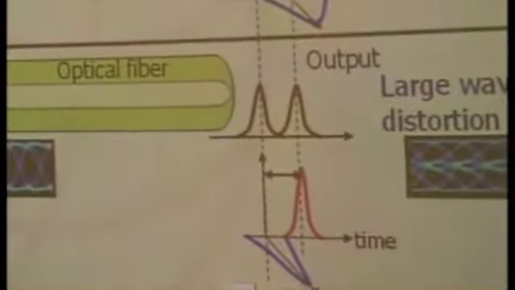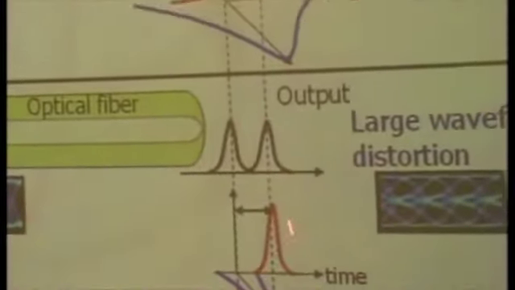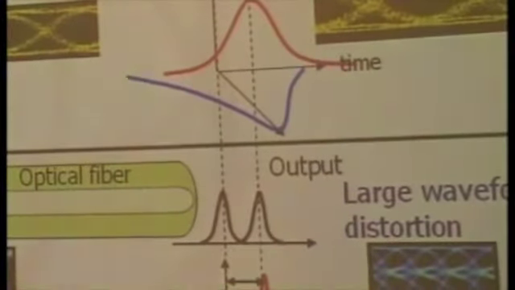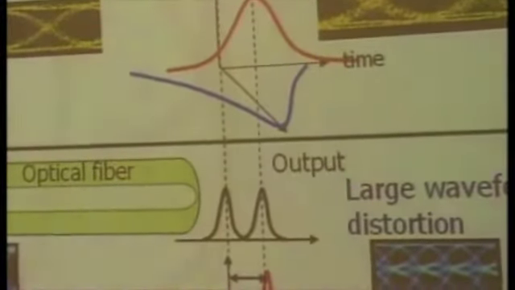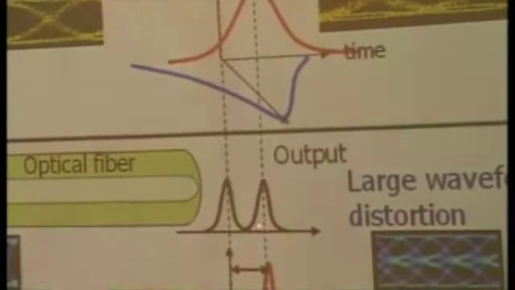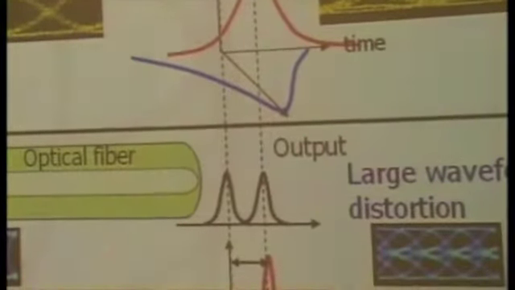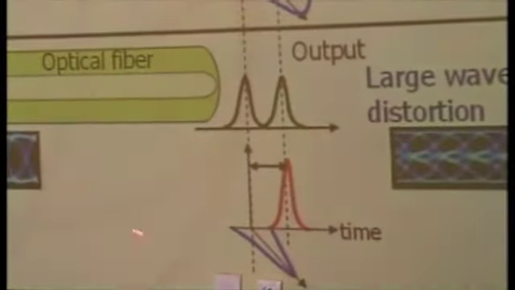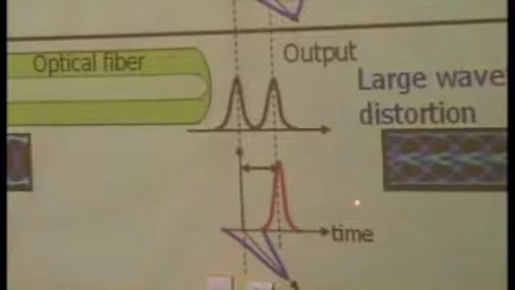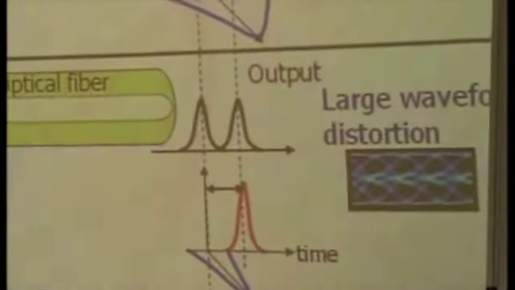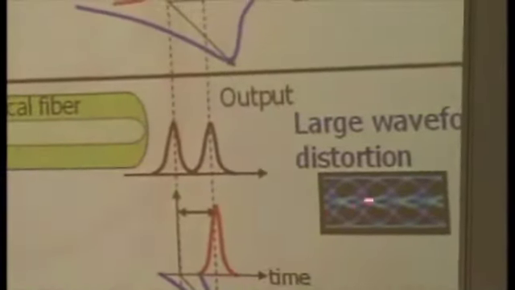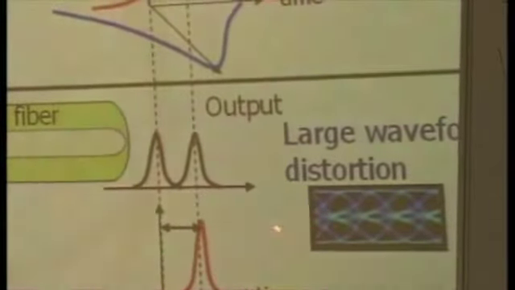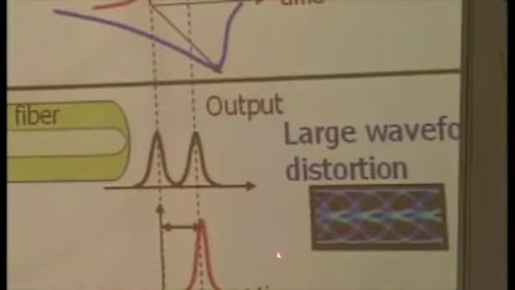So the effect of PMD is much larger than for 10G. 10G has some tolerance because it originally has a broad pulse, but 40G has a very narrow pulse, so you will see a more drastic impairment due to PMD. As a result, there is a larger waveform distortion. You can see this is just a very small eye, so a receiver cannot accept such a distorted waveform.